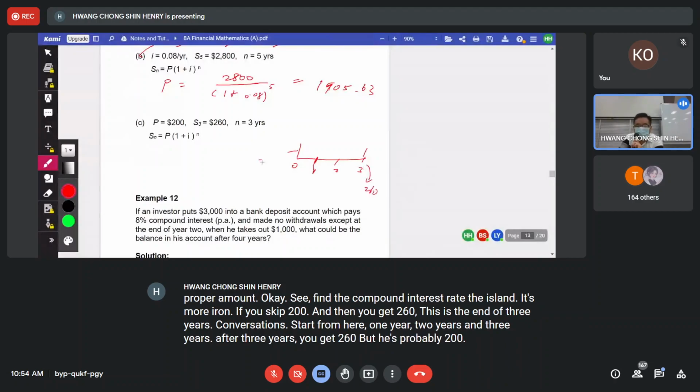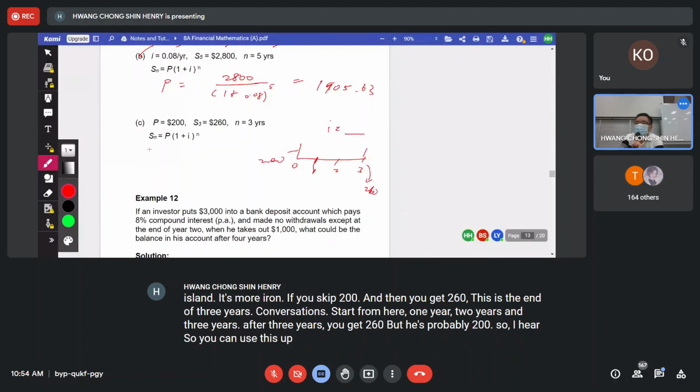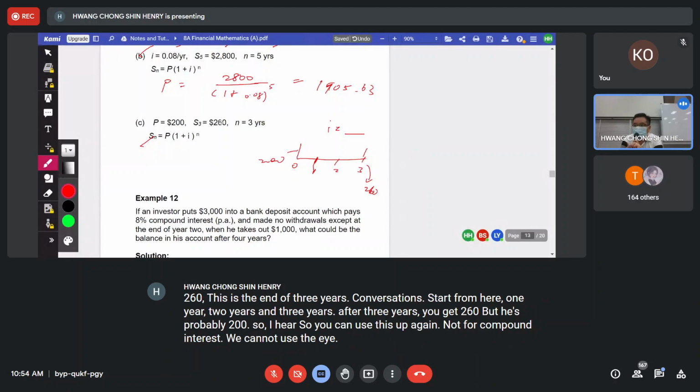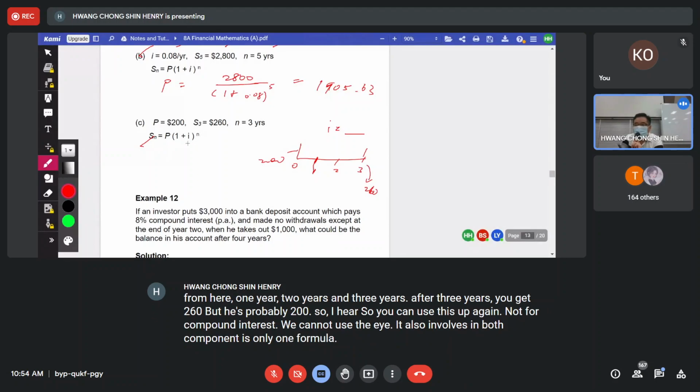So what's the I here? You can use the same formula again. For compound interest, we cannot use I equal to PIN. That one is only for simple interest. For compound interest, there is only one formula. So your I.